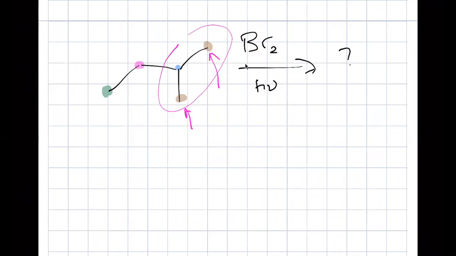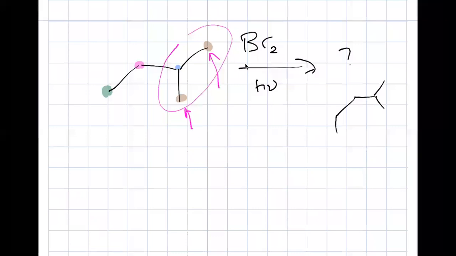Right? So my products, I'll get... So would you have 4 products? Yes, 4 products, because 2 of those sites are identical. That's exactly right. So I'm going to have this as a product.